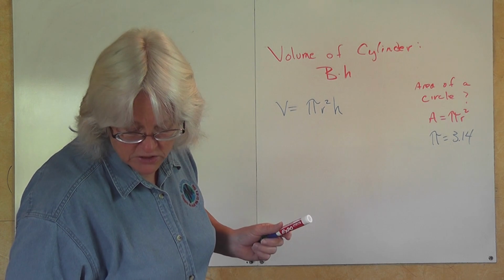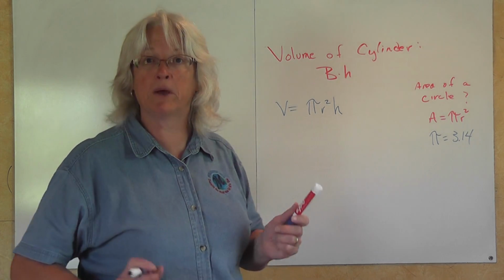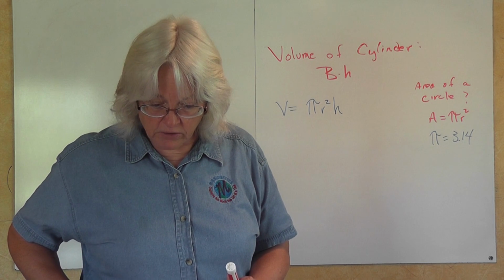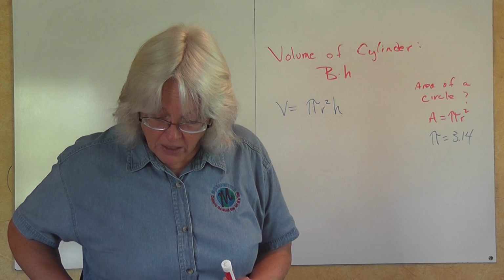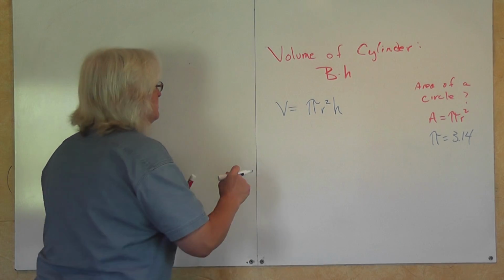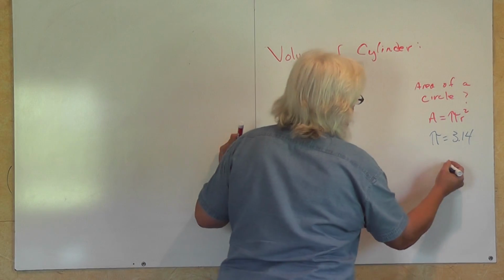So there is a question, it's example 2 on page 424, and it says, find the volume of the cylinder. Use 3.14 for pi. So let me go ahead and sketch this cylinder for you over here.